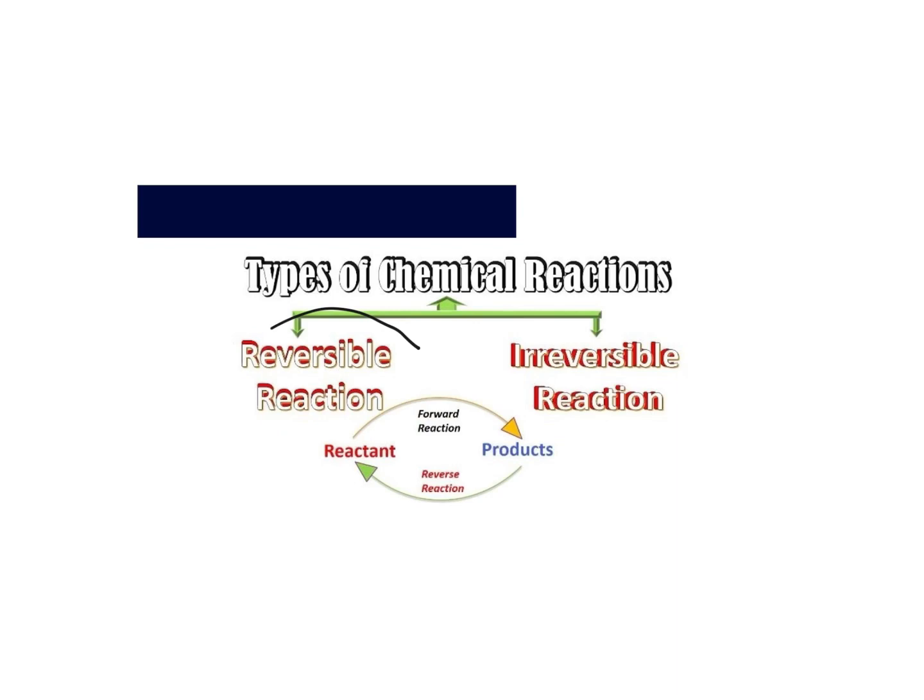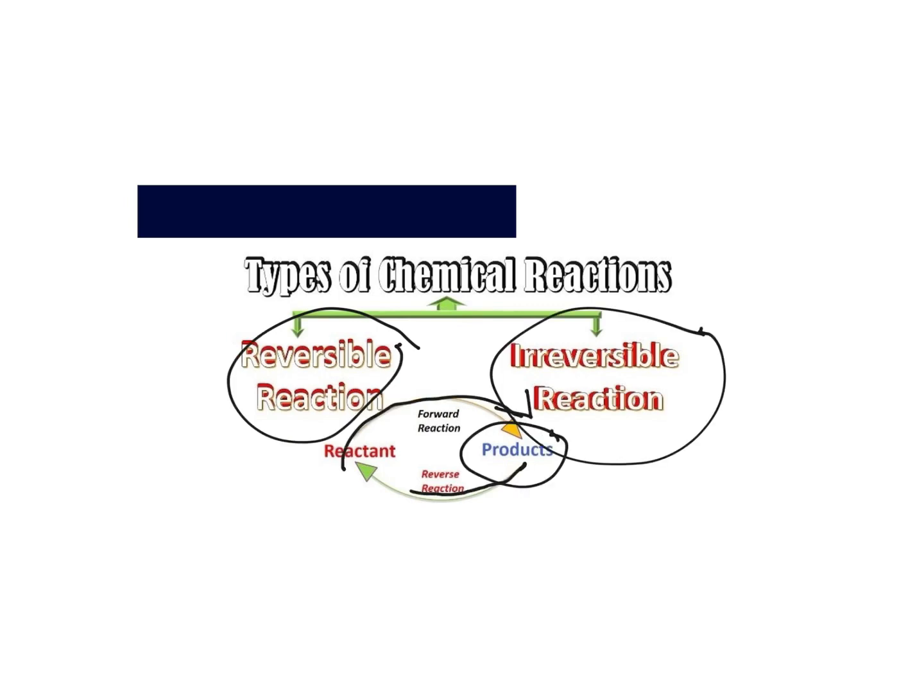For a reversible reaction, it can do a forward reaction, forming a product, but it will do a reaction again, forming back to a reactant status, meaning the reaction is reversed.